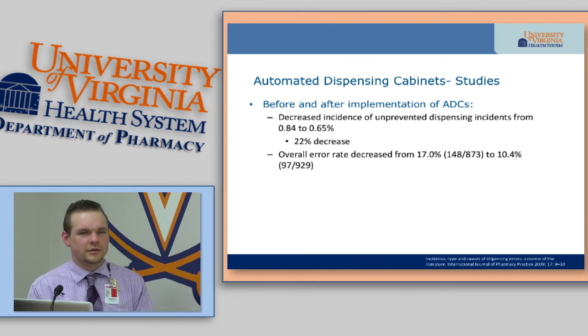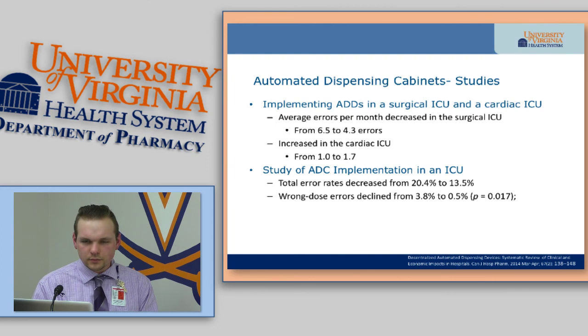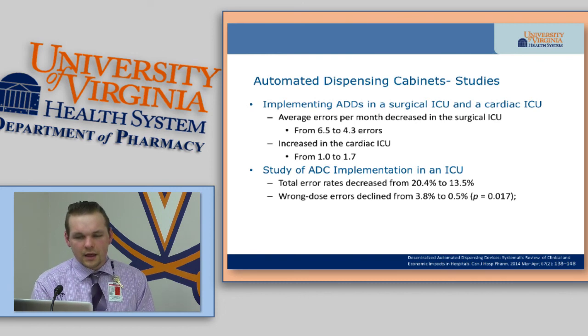A lot of these errors are drugs being given at the wrong time, or the wrong strength of drug being dispensed. Additionally, there was a study of an automated dispensing cabinet implementation in an ICU where total error rates decreased from 20.4% to 13.5%. Wrong dose errors here declined from 3.8% to 0.5%.